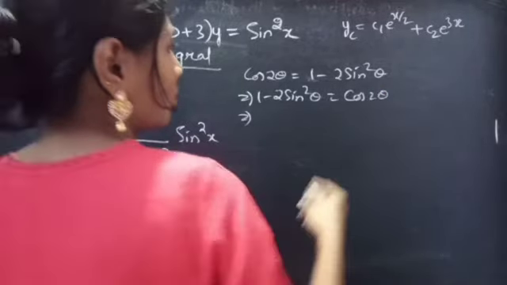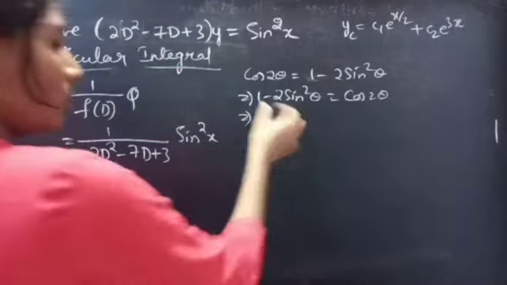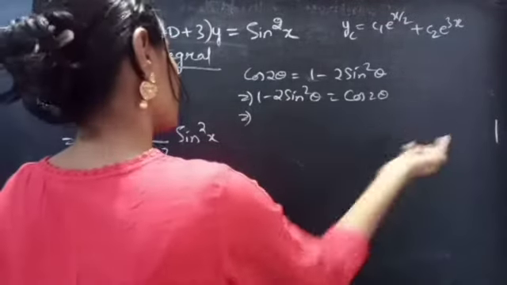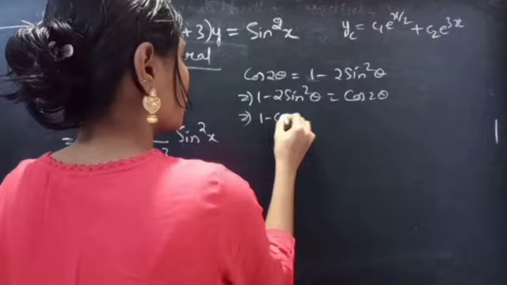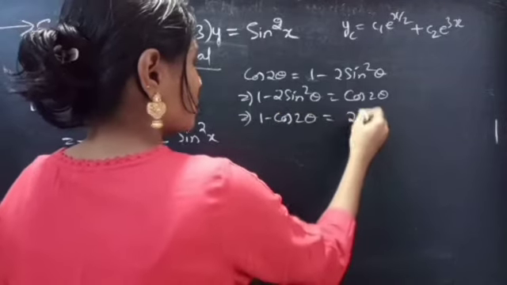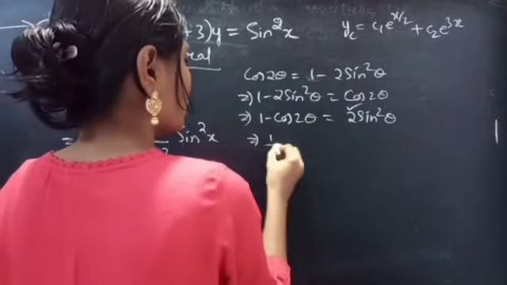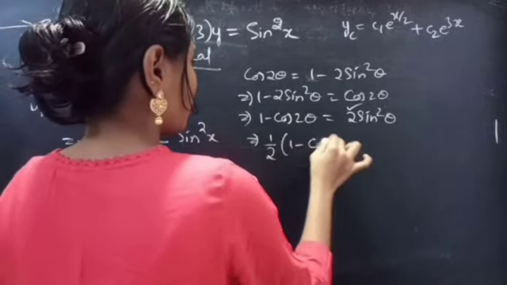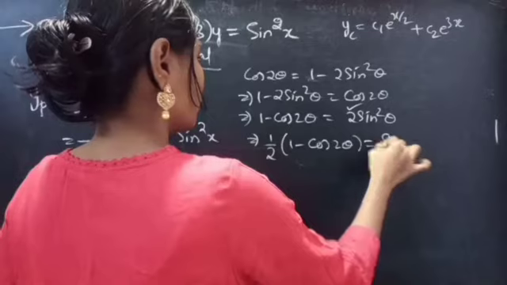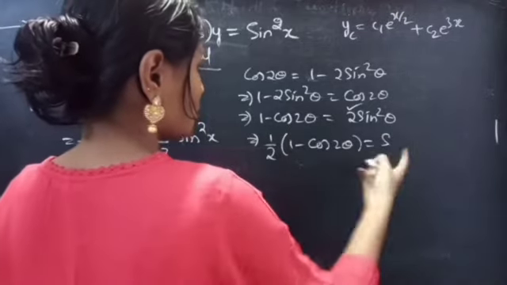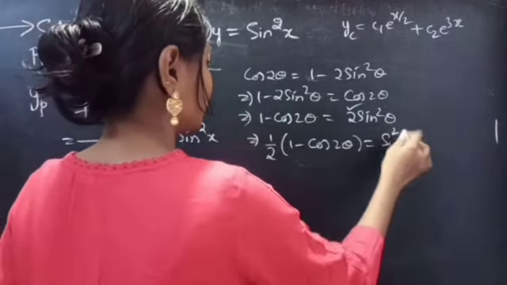Now, bring this cos 2 theta to LHS and take 2 sine square theta to RHS. You'll get 1 minus cos 2 theta equals 2 sine square theta. Now bring this 2 to LHS. We'll get 1 by 2 into 1 minus cos 2 theta equals sine square theta.